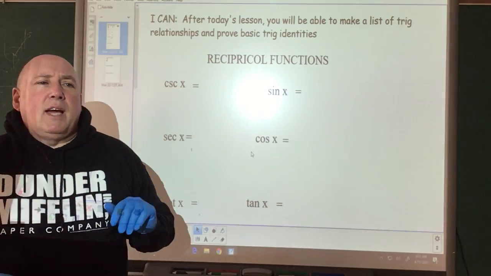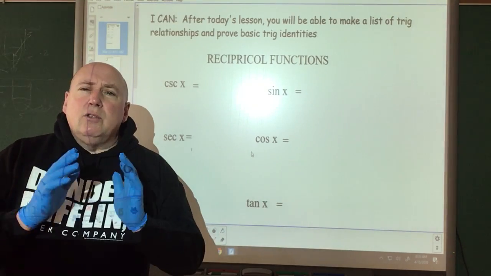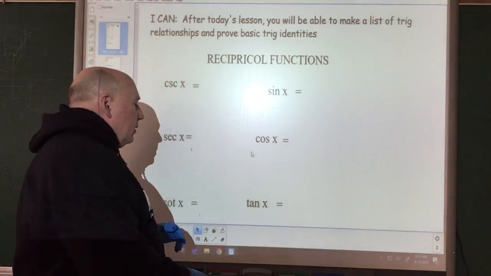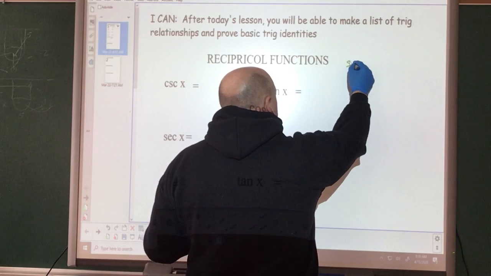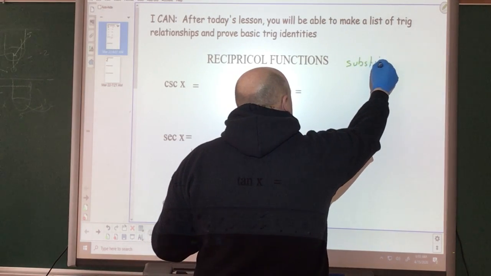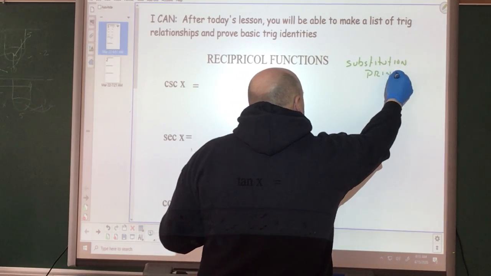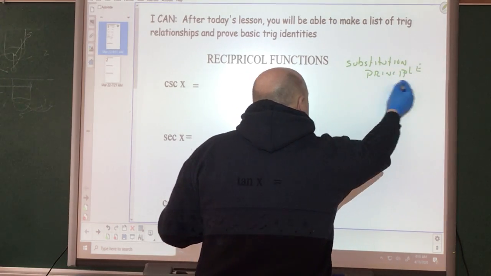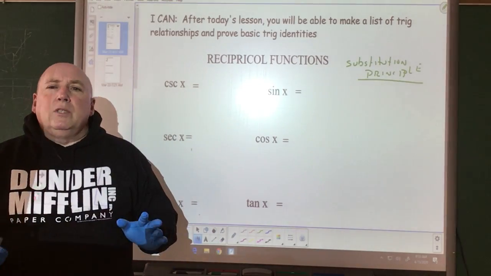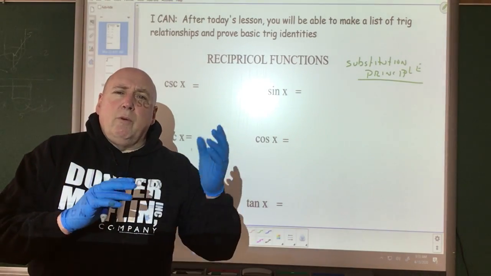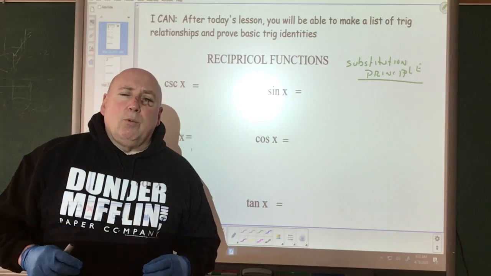When you're solving trig identities, you have to have equals. We're going to use the idea of a substitution principle. When we use the substitution principle, we replace something with what it's equal to.